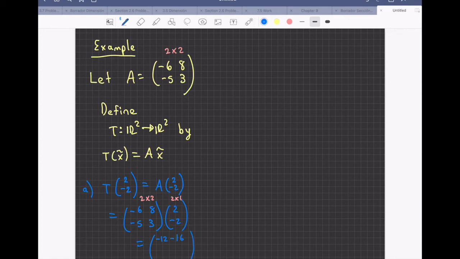And in the bottom, -5 times 2, -10, minus 6. And this becomes -28, -16. You see, we obtained a matrix 2 by 1, or a vector, a column vector.